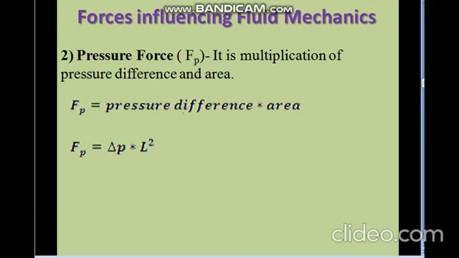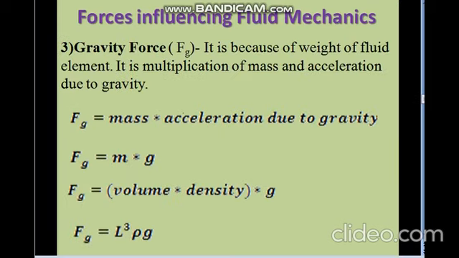Now we'll move to the next force, that is the gravity force. It is indicated by Fg. It is because of the weight of the fluid element. How do we find the weight? We multiply the mass with g, where g is the acceleration due to gravity.